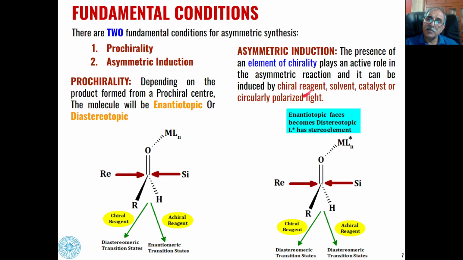This asymmetric induction can be done either by a chiral reagent, called a chiral auxiliary, or when the solvent is chiral, or the catalyst is chiral, or when we do the reaction in circularly polarized light. So through all these means we can introduce chirality in the formation of products.